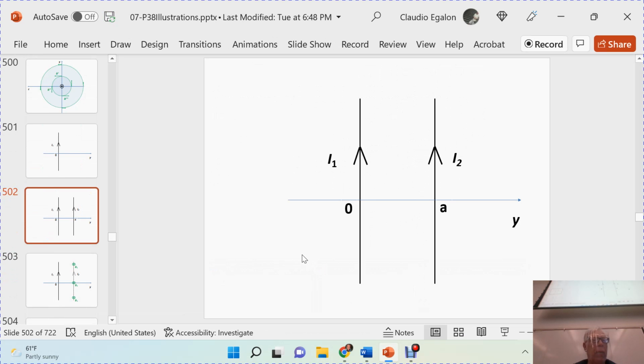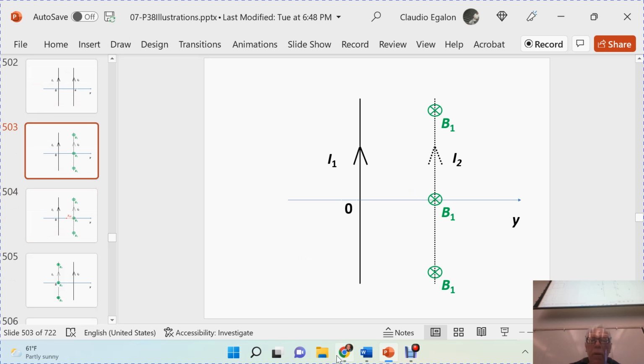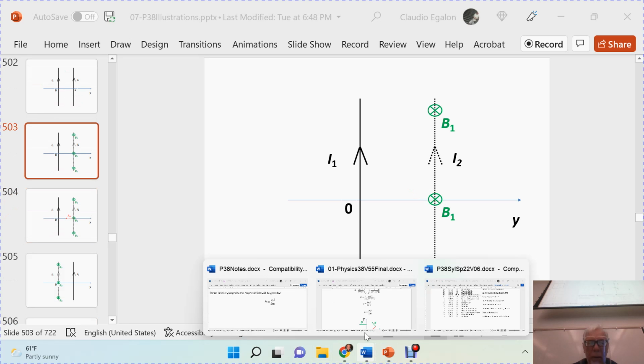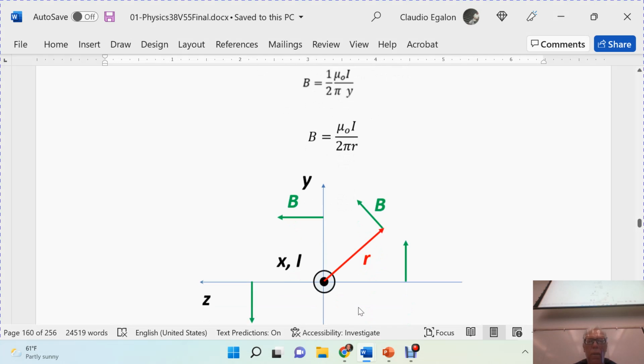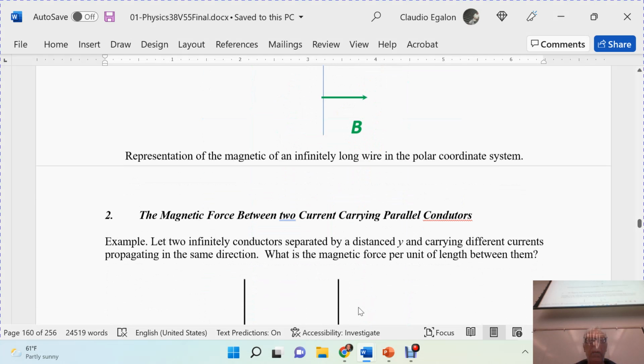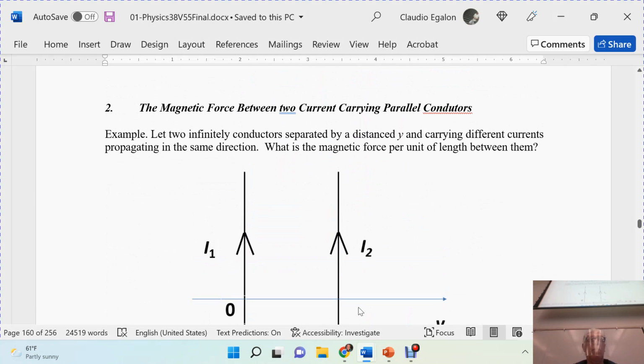Now, we can also calculate the magnetic field due to 2 wires, I1 and I2, the net field. Okay, here we go.